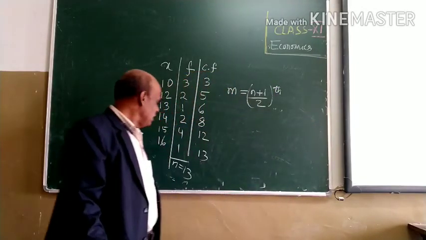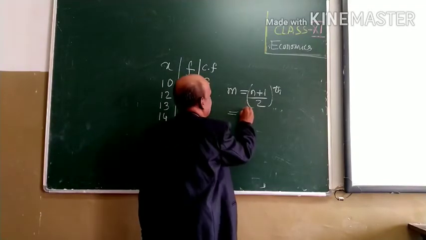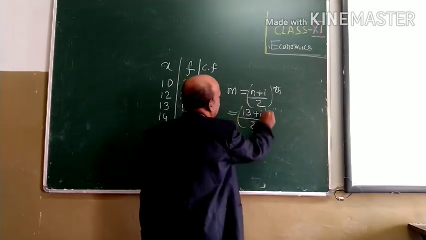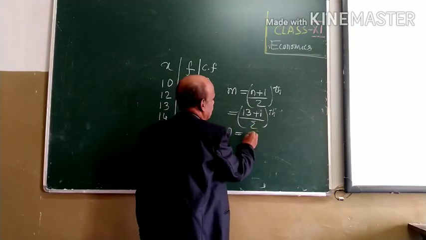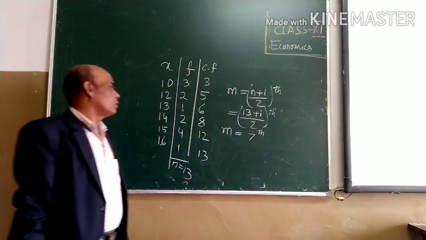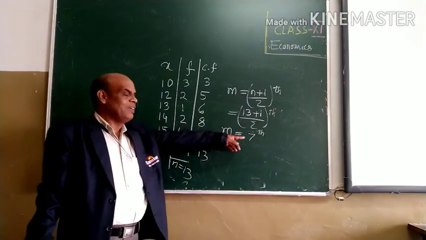So n means this number. So you will write 13 plus 1 by 2th term. So the middle number will come at the 7th term.